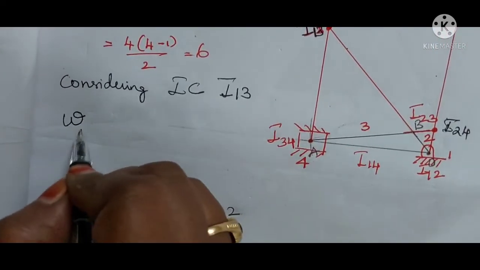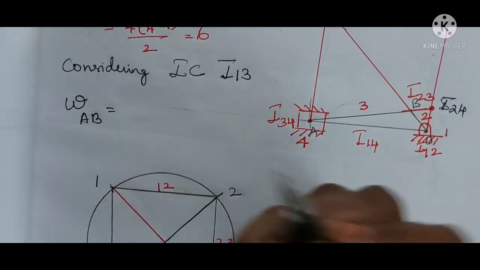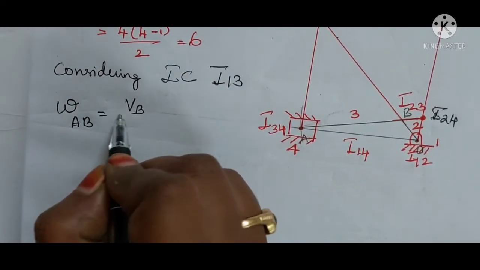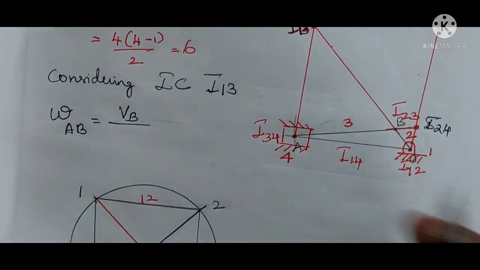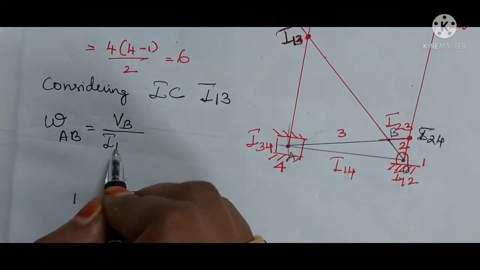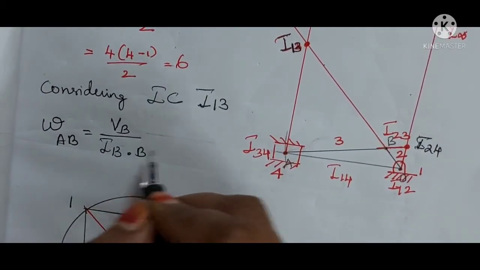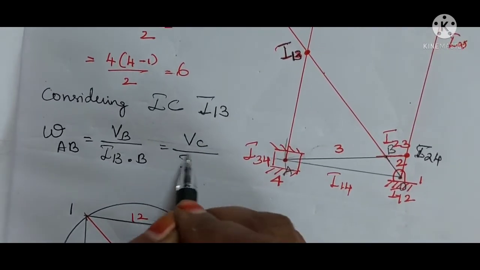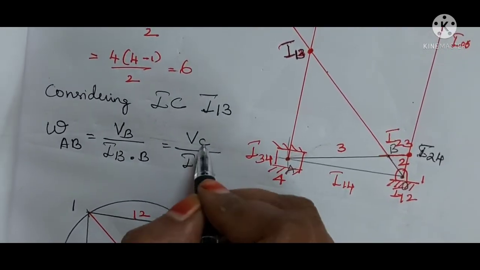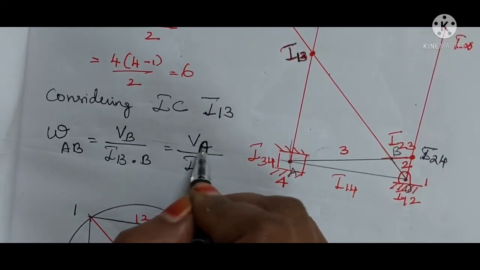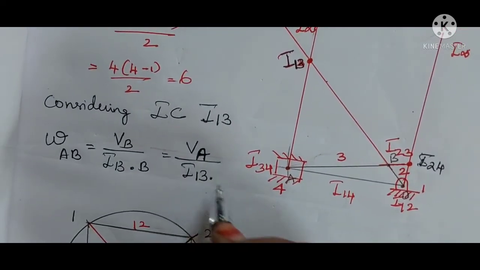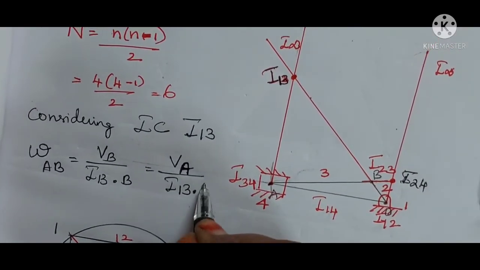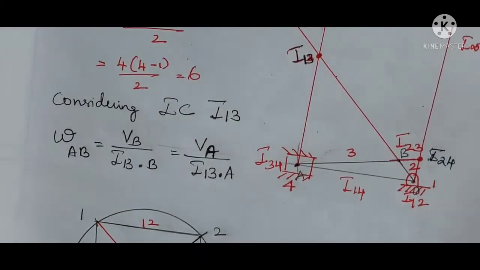Omega AB we can write like this. Omega AB equal to VB by I13 dot B, that is equal to VA by I13 dot A. We can give like this.